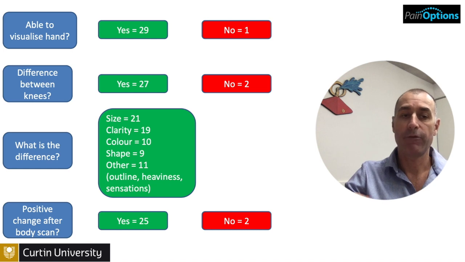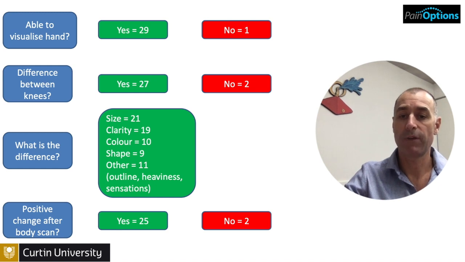Then we measured their function, such as hopping distance and balance, and 25 out of the 27 that could detect a difference, once we gave them some exercises just for 5 minutes to improve their perception of their limb, 25 out of the 27 reported that their perception improved.